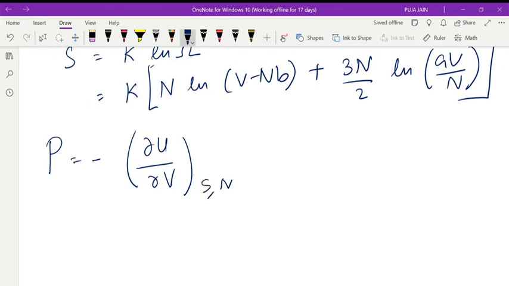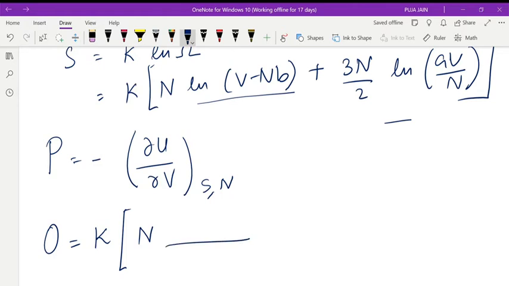So if we differentiate this at constant S and N, here I will get 0, and k is the Boltzmann constant, kN, this in terms of V. So ln(V minus nb), like ln x, if we differentiate, what do we get? 1 by x dx.